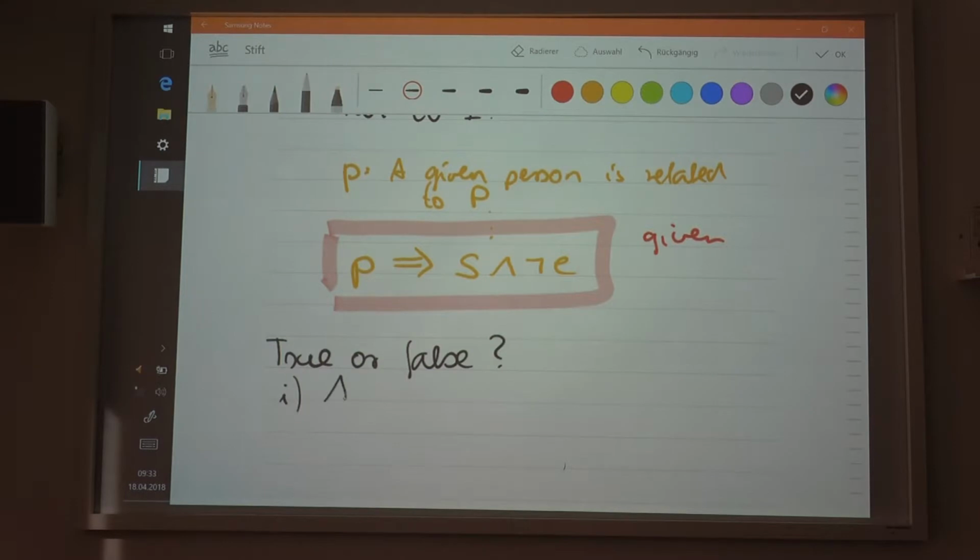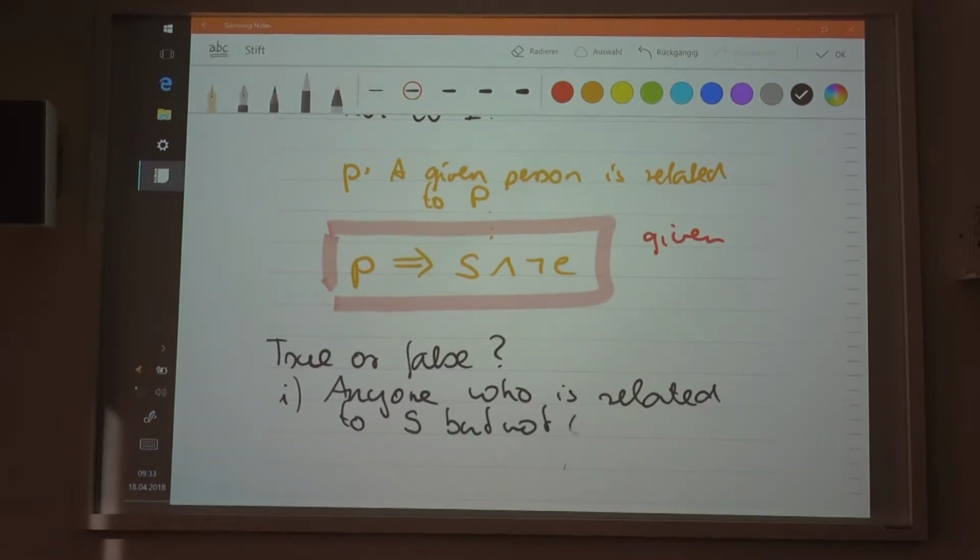So: anyone who is related to Simon but not to Emily is related to P. I put this in quotation marks.